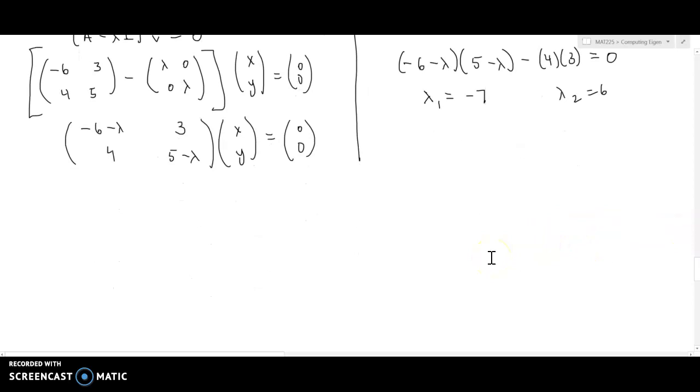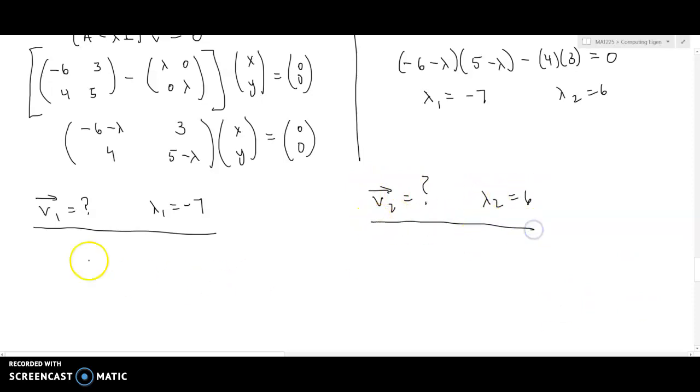So now I have to go through the same process as before. I'm going to find v1, and I don't know what that is yet, but I know that it's going to correspond to lambda 1 equals -7, and then I'll do the same thing for v2, using lambda 2 equals 6 to help me find that.